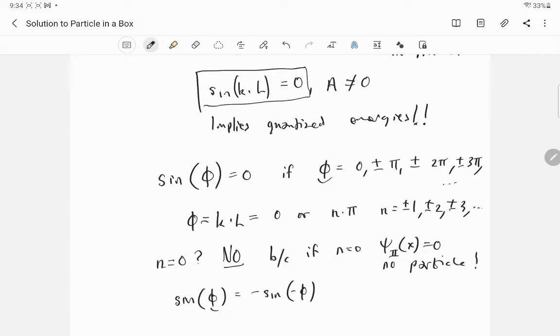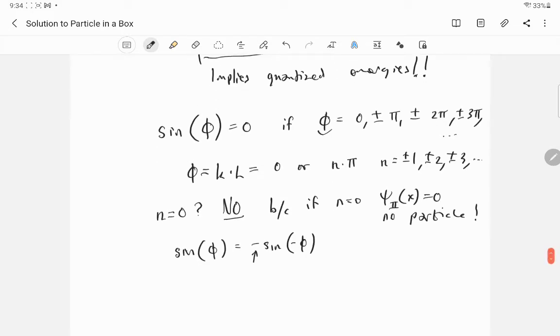So the sine function is odd, and the choice of either having phi be a positive integer times pi or a negative integer times pi only ever gives you either a 1 or a minus 1 out front.